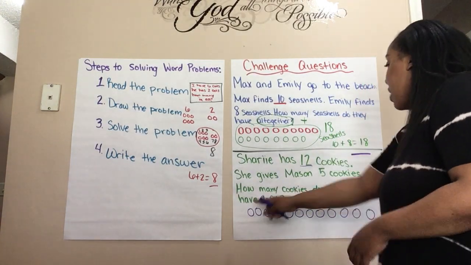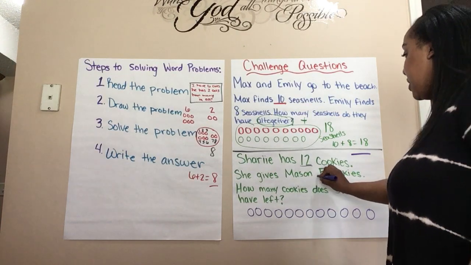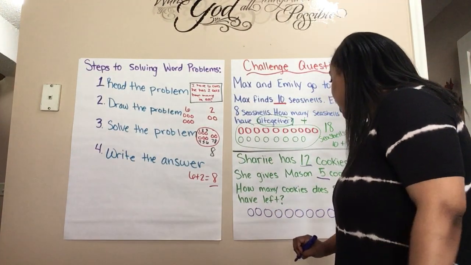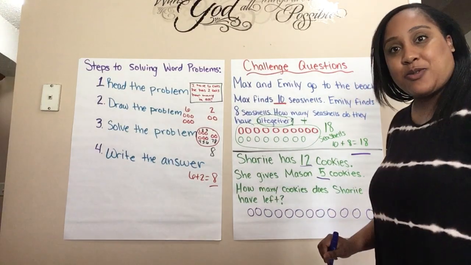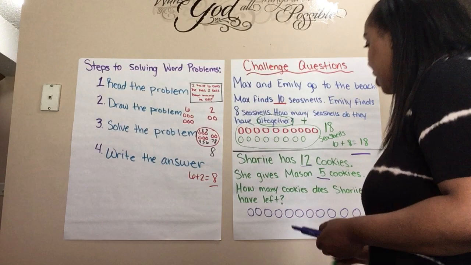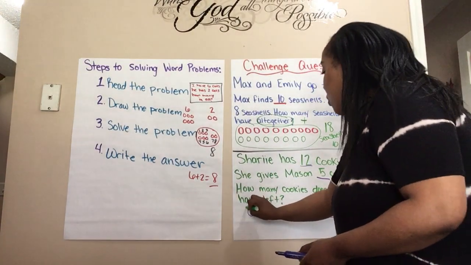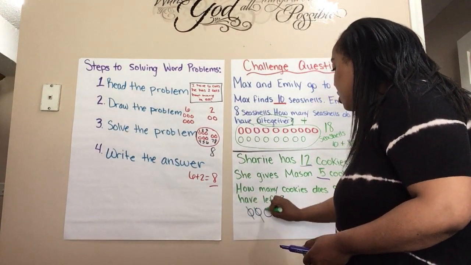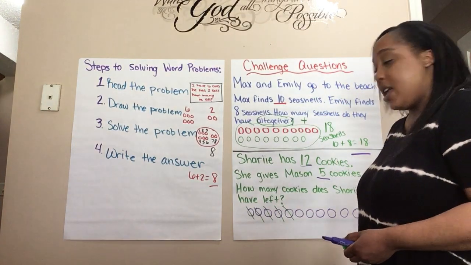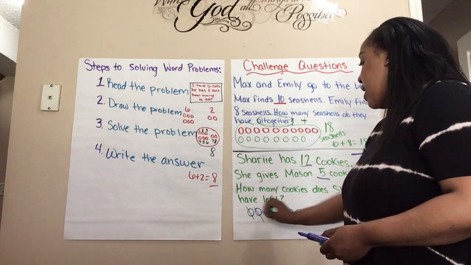Now, we have our 12 cookies. She gave Mason 5. Okay, how many does she have left? Let's figure it out. Let's cross out the 5 cookies she gives to Mason. Count with me. 1, 2, 3, 4, 5. Okay, these are the cookies Mason ate.